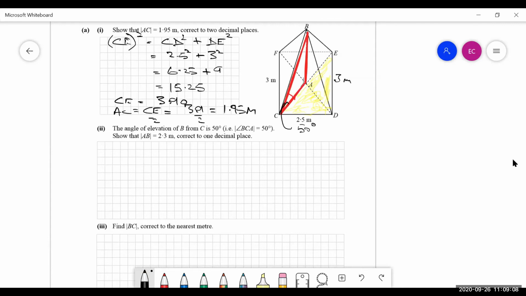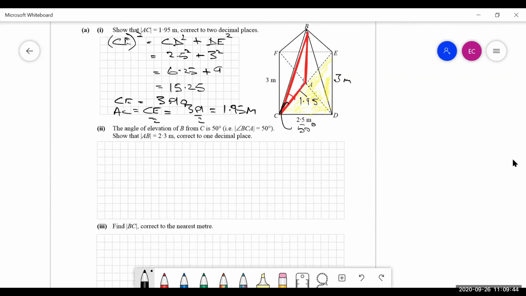So we've already calculated out what AC is. So we've got that. We know that that's 1.95 there. We want to determine what AB is going to be.